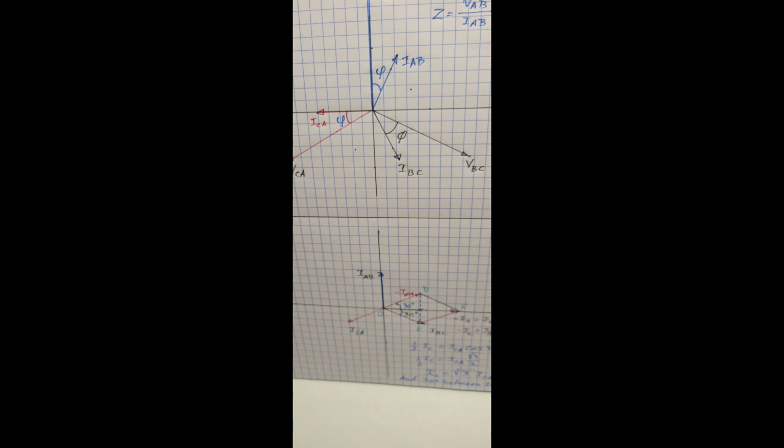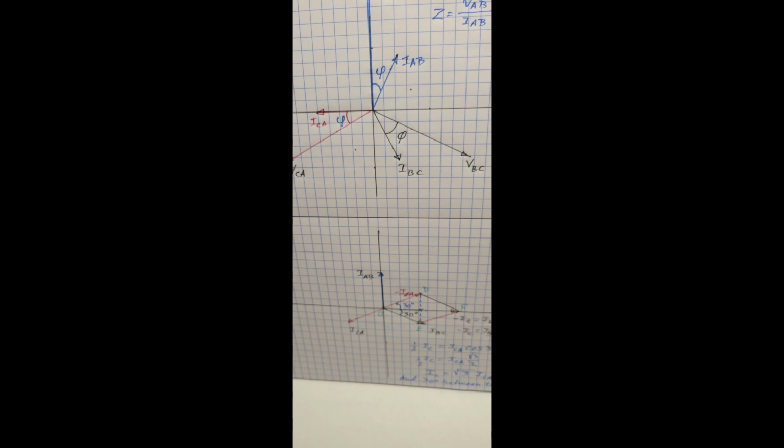Now, if you draw the vector that is opposite of the current ICA on the first quadrant, you will see that vector minus ICA forms with the current IBC an equilateral triangle, because at the summit O you have 60 degrees. Divided by 2, you get 30 degrees each.